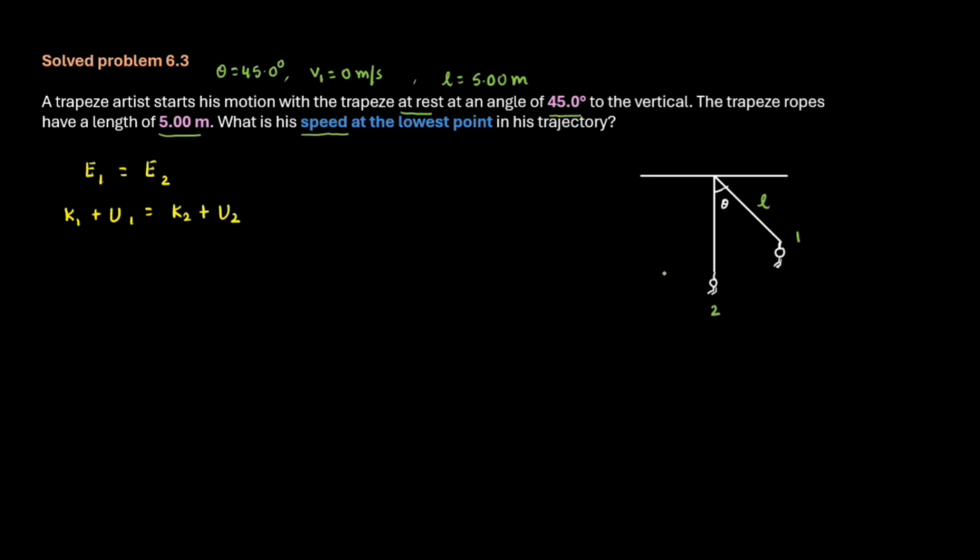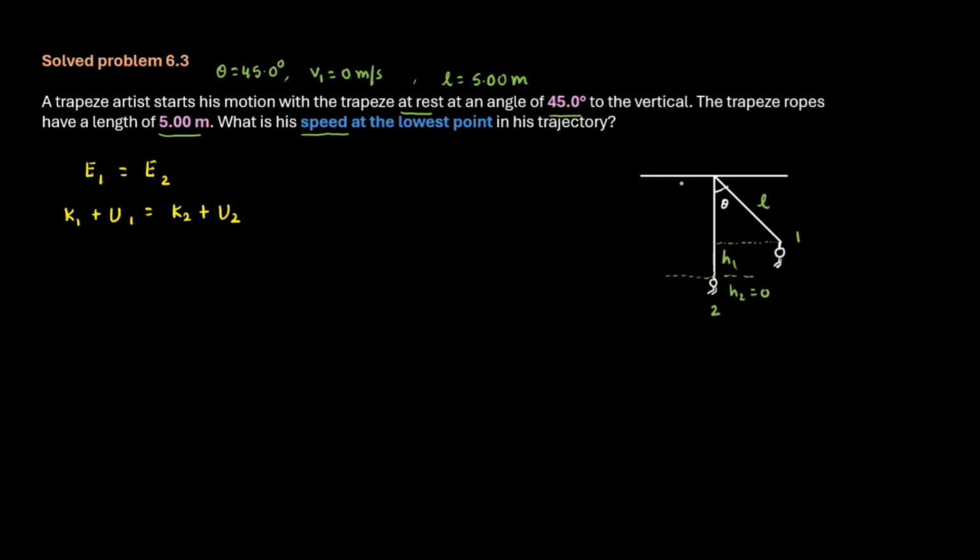Now we will choose our coordinate axis such that at the lowest point in motion, the height is taken as 0. So I can take the height at position 2 to be h2 equal to 0. And the height at which it was initially raised will be taken as h1.